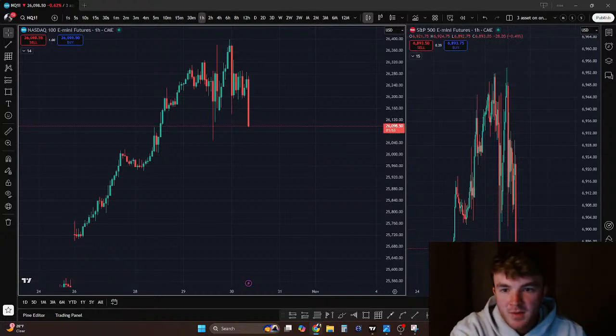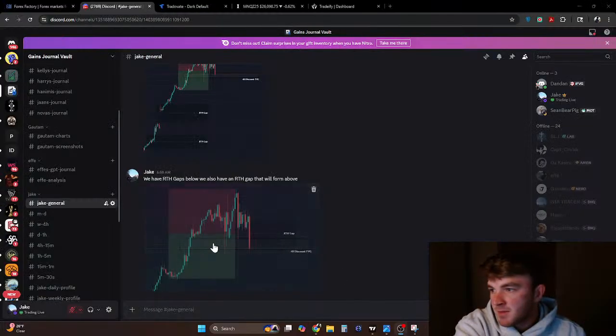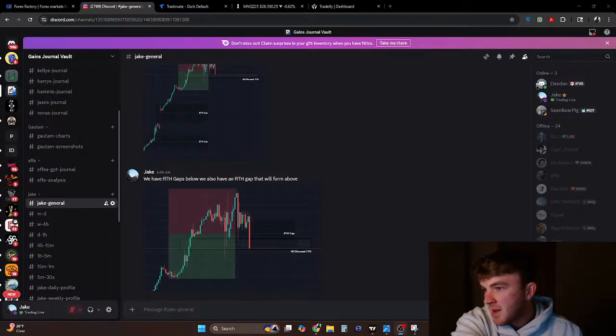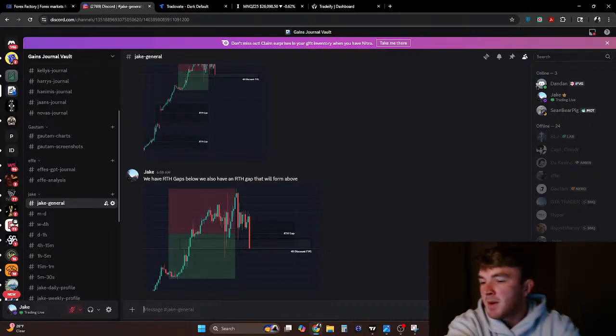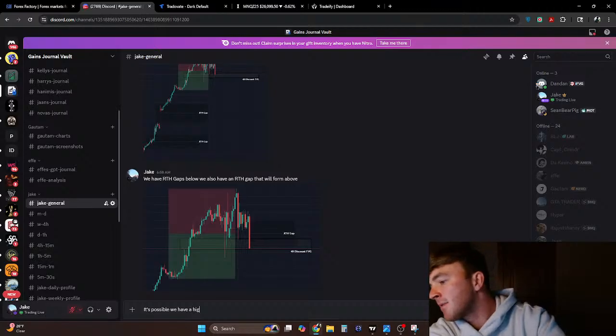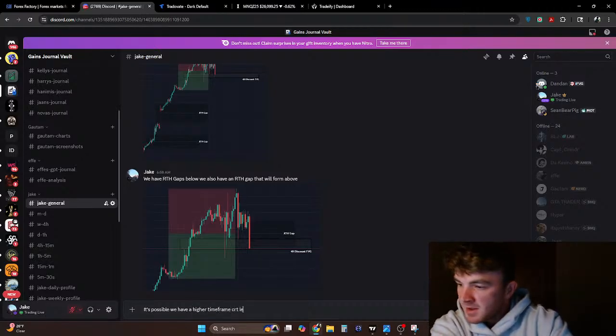So yeah, let me show you what I'm writing out here. We have RTH gaps below, but we also have an RTH gap that will form above. It's possible we have a higher time frame CRT. Let me check.